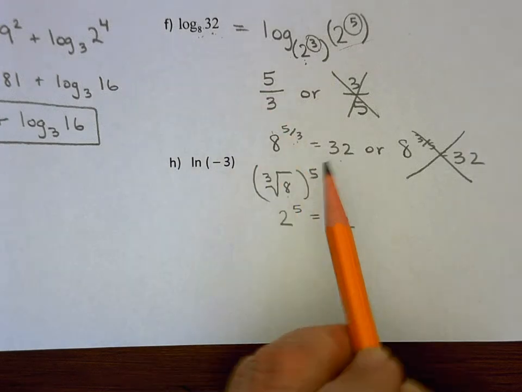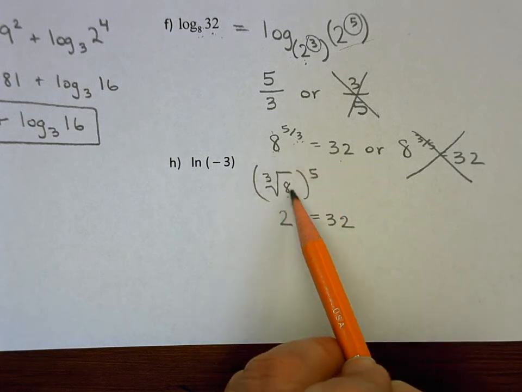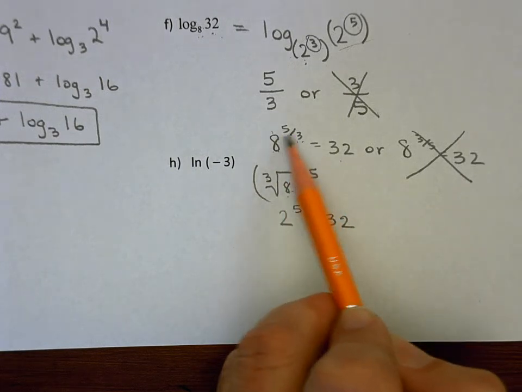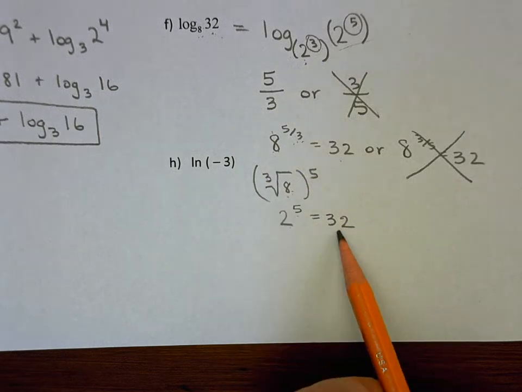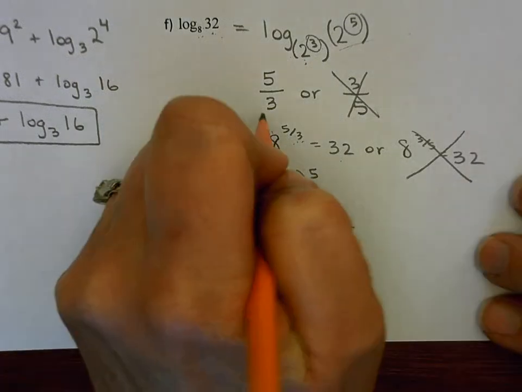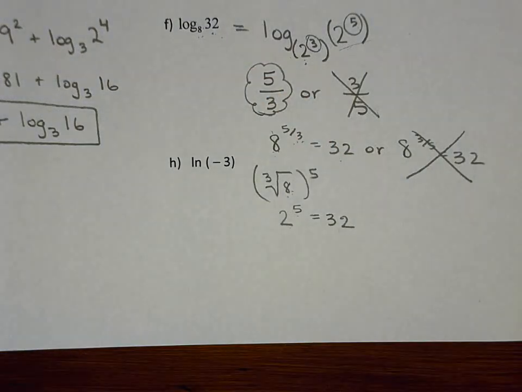This is a 3rd power, so that means the cube root of 8 raised to the power of 5. The cube root of 8 is 2, and 2 to the 5th is 32. So that means 5/3 is my right answer. Okay? That's basically what we're doing.